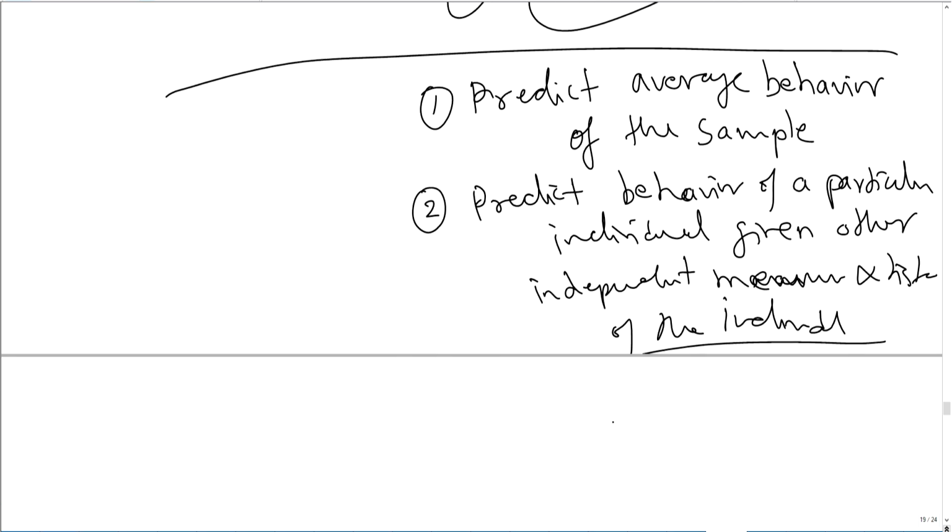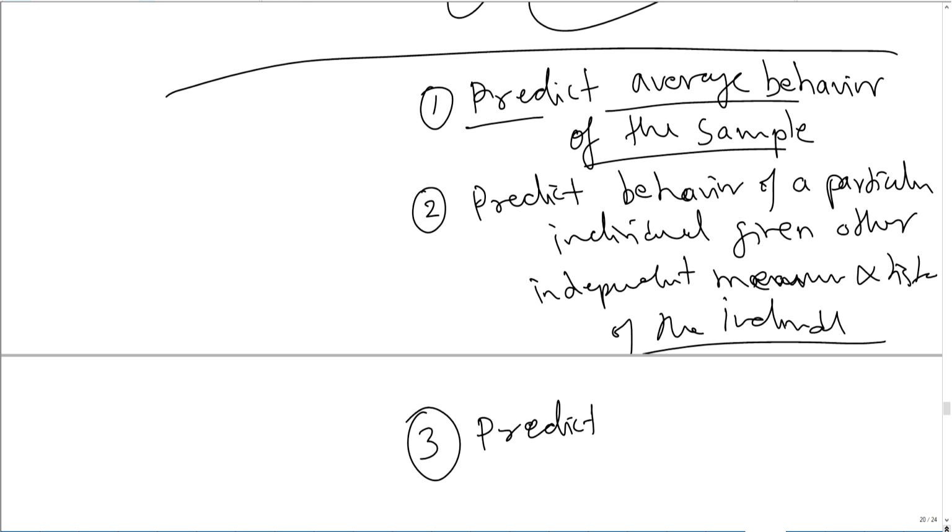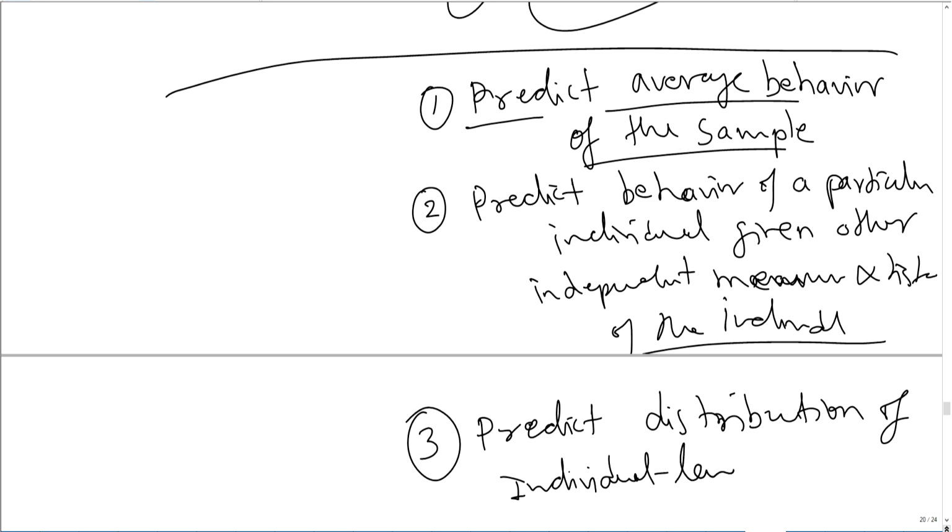Okay. But you can also have a third kind of prediction, which is again about the population, but a different kind of prediction, right. In this case, you are not just predicting average behavior at the population level; you can predict the distribution of individual level behavior in the population.